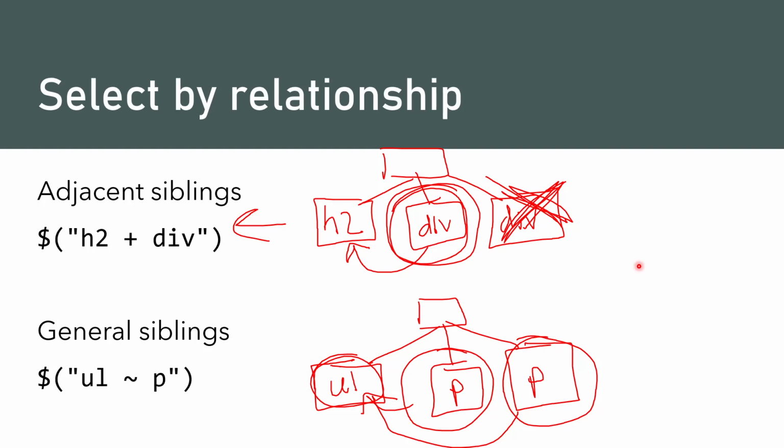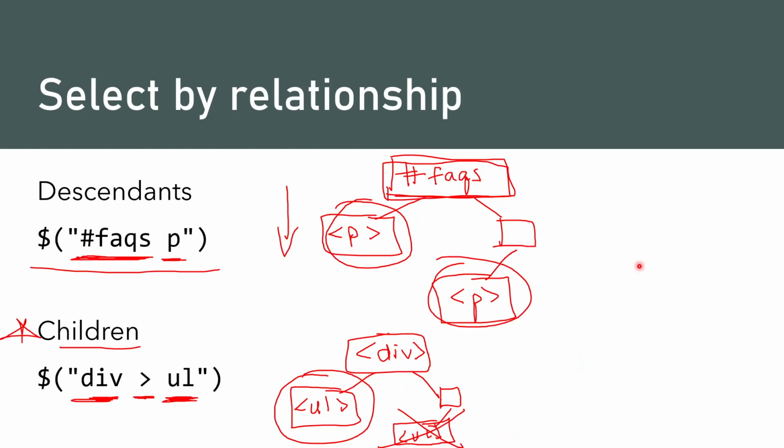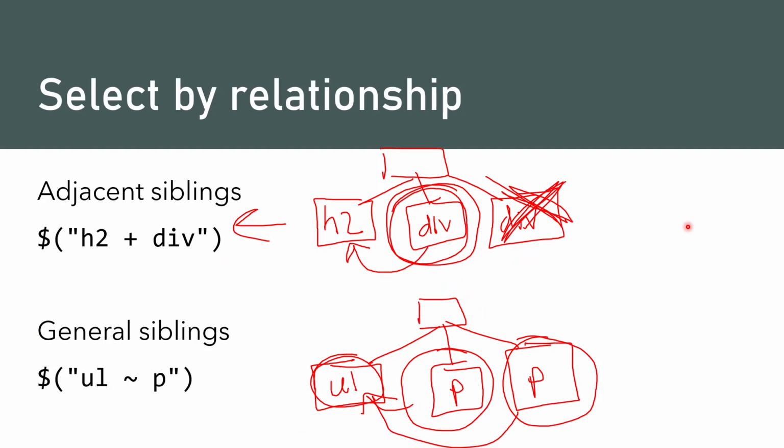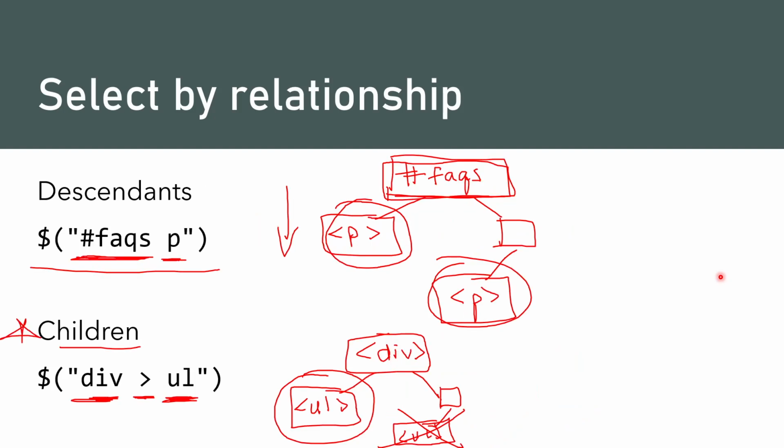So all of these here are useful for when you do want to select multiple elements because it will give you back all of the elements that satisfy these selectors. So if you wanted to get all of the elements that satisfy one of these selectors and then go through them and do something with them, then using these selectors would be a good way to do that.